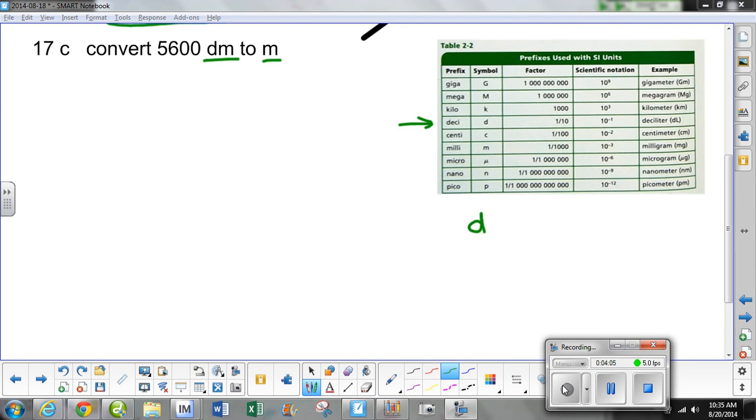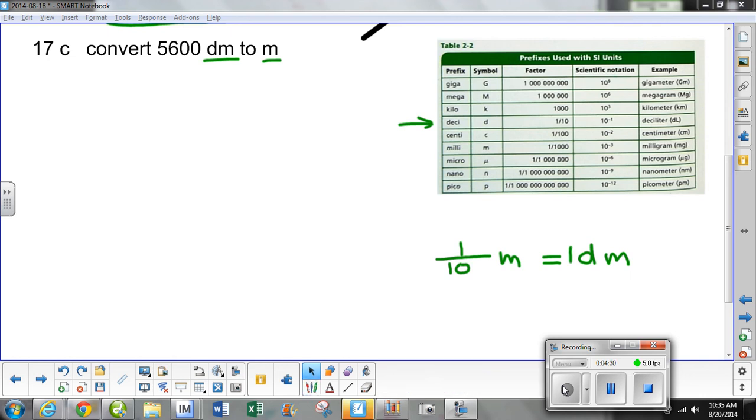So let's take decimeter, and I'm going to convert this by using the number that this represents. Deci is 1 over 10, and meters is still there, and that is equal to 1 decimeter. Because it is the same thing, isn't it?